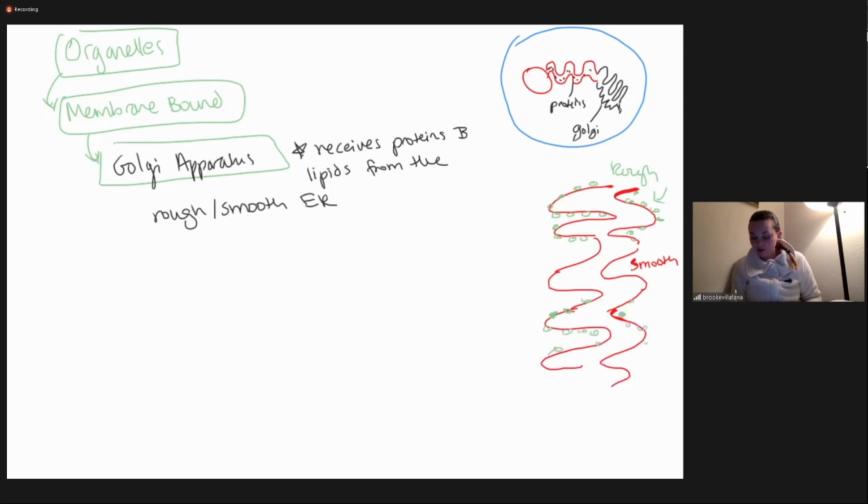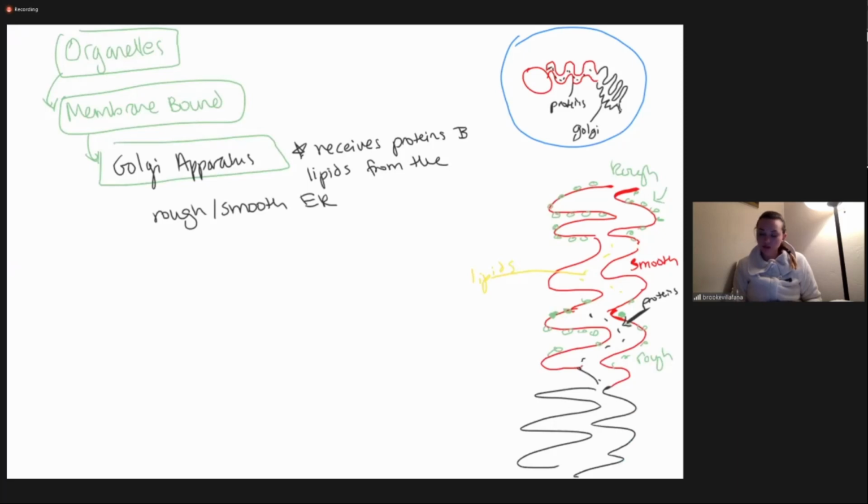And then parts of it don't, and they're called smooth. So if it's the part that has ribosomes, what is it transporting? Proteins. If it's the part that doesn't, what is it transporting? Lipids.